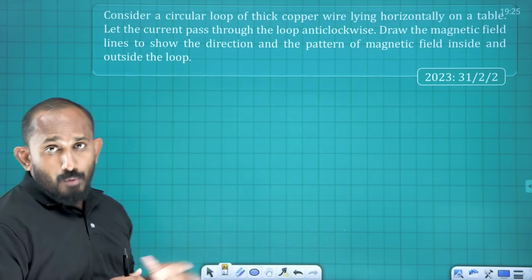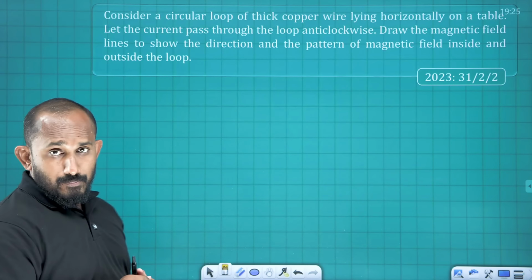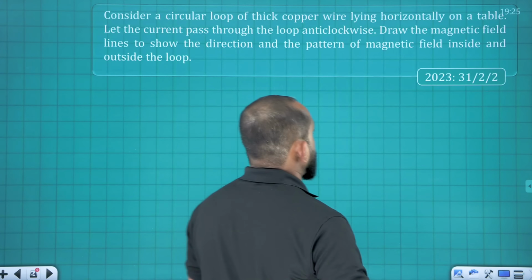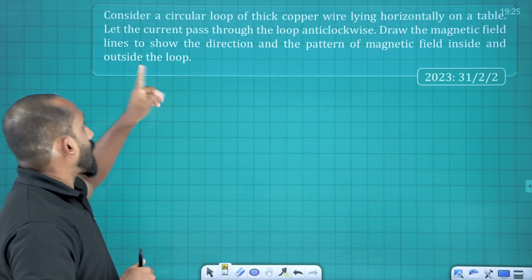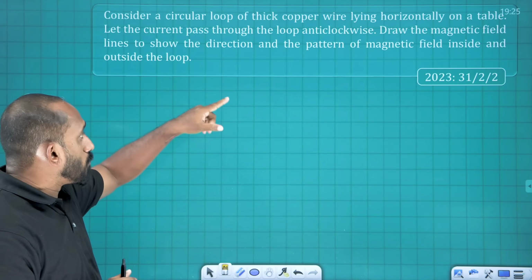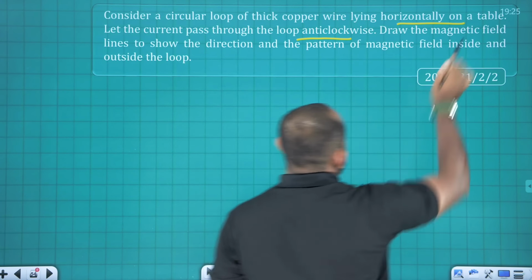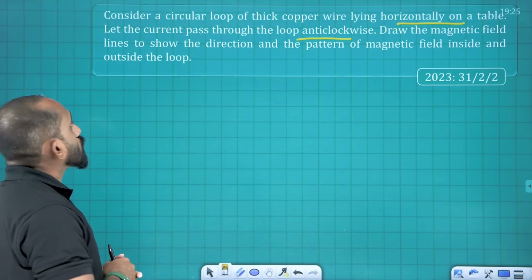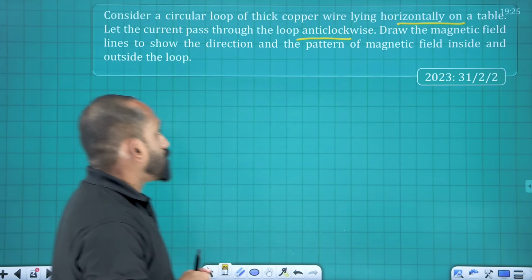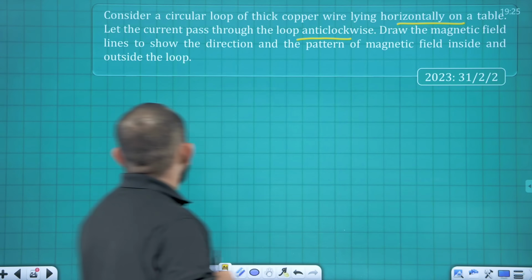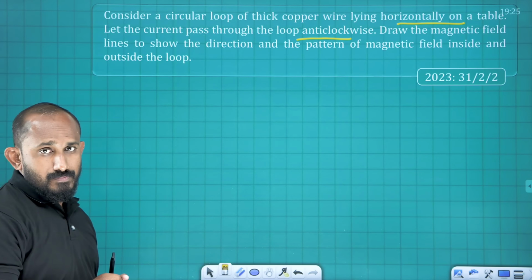Consider a circular loop of thick copper wire lying horizontally on a table. Let the current pass through the loop anti-clockwise. Draw the magnetic field lines to show the direction and the pattern of the magnetic field inside and outside the loop.